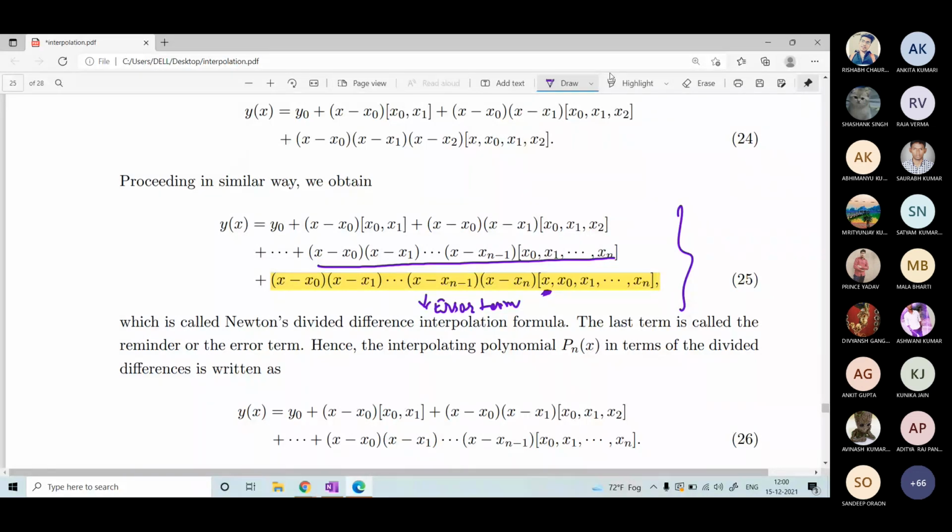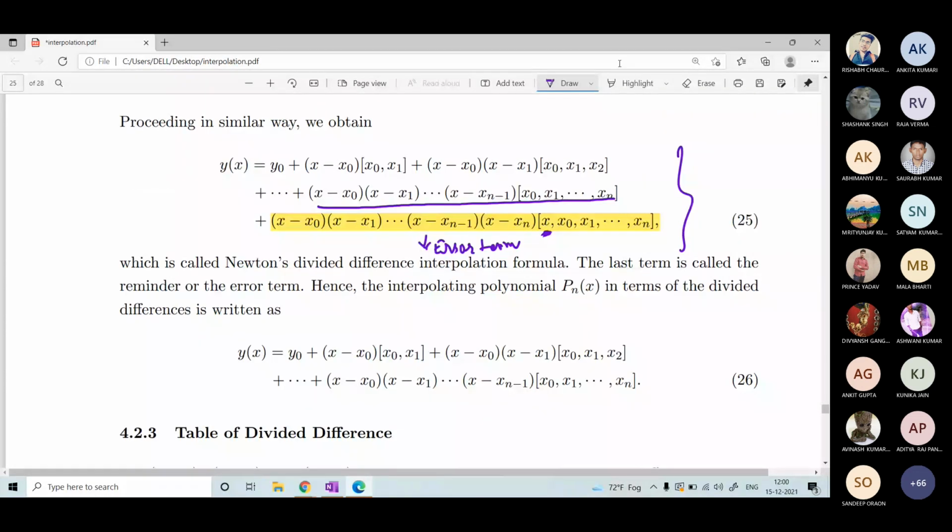तो ये देखिए हर एक टर्म की डिग्री धीरे धीरे बढ़ रही है. First term is constant term. दूसरे टर्म की डिग्री कितनी है? 1 है. तीसरे टर्म की डिग्री कितनी है? x minus x naught into x minus x1, so 2. This part is a real number, the divided difference of x naught, x1, x2.